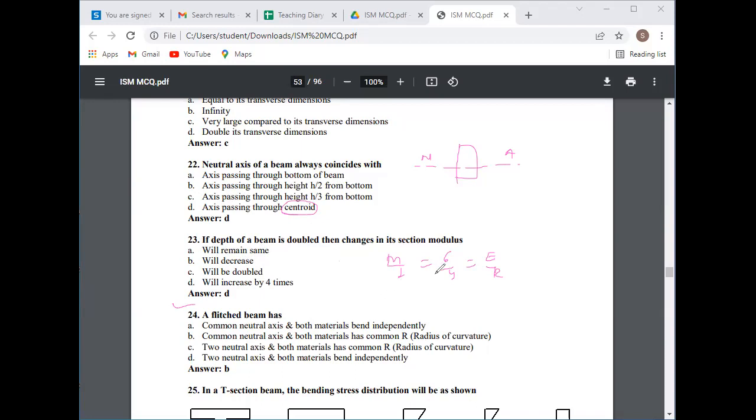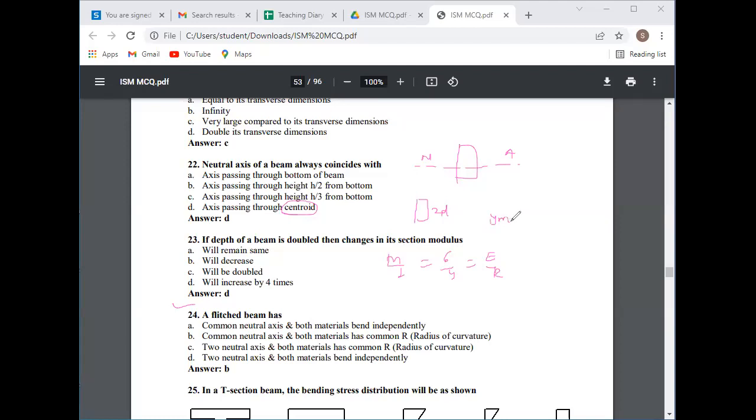If the depth of the beam is double, that means the depth of the beam will be 2D instead of D.